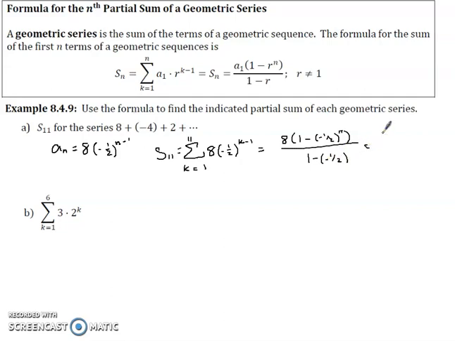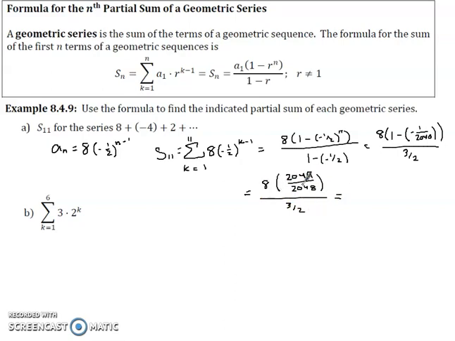Simplifying, I have 8 times 1 minus, and negative 1/2 to the 11th power is a negative 1 over 2048, all over, and the denominator I can simplify to 3/2. So that numerator, 8 times 1 plus 1 over 2048, is going to give me 2049 over 2048 over 3/2.